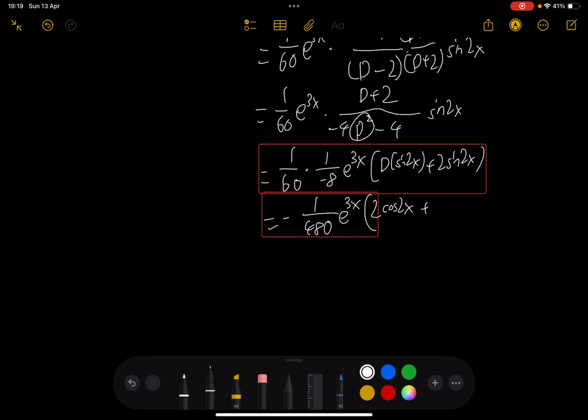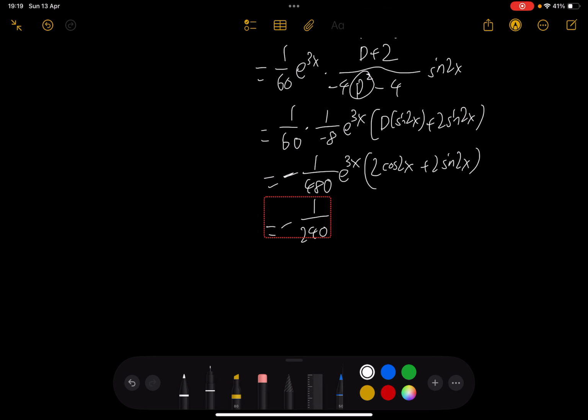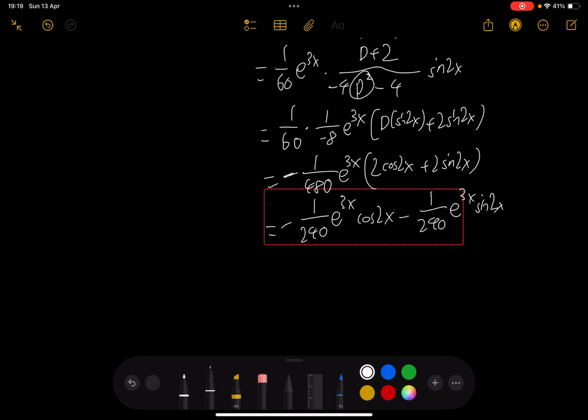I don't need to do a derivative of the other term because we don't have a d. Remember, we have a negative sign, be careful, and then distribute the 2, which gives negative 1 over 240 e to the power of 3x times cosine 2x, and then minus 1 over 240 e to the power of 3x times sine 2x.